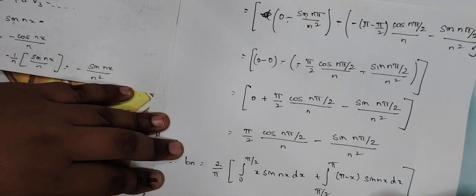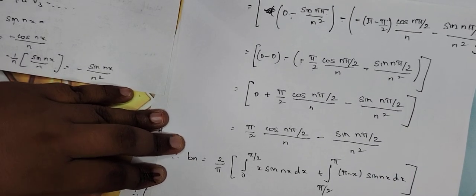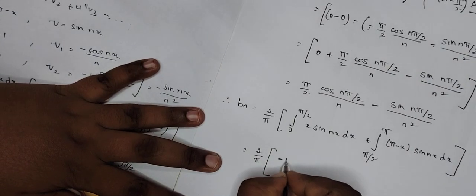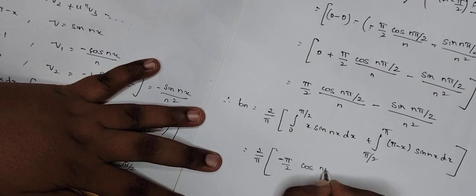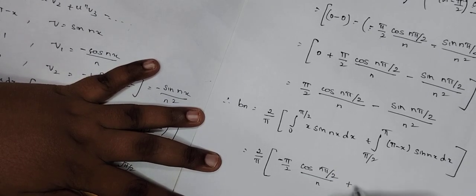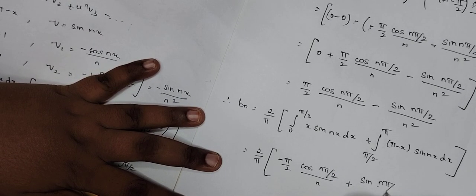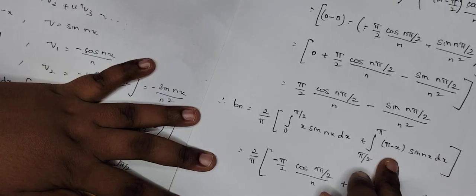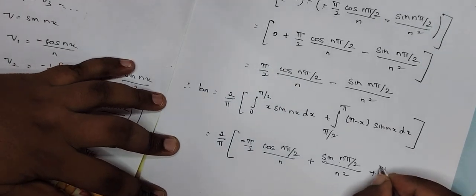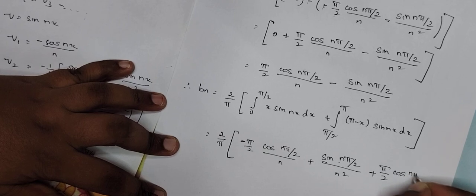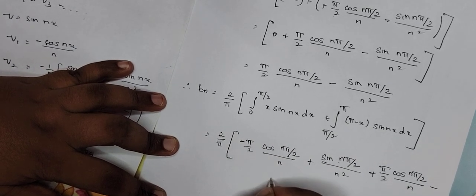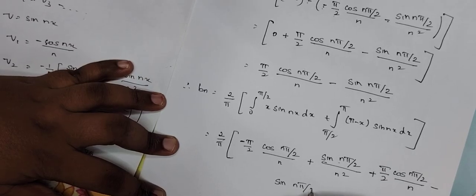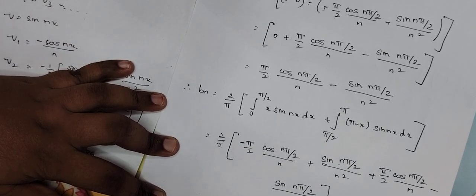So this is equal to 2 by pi times the value of the first integral, which is minus pi by 2 cos n pi by 2 divided by n plus sine n pi by 2 divided by n square, plus the value of the second integral, which is pi by 2 cos n pi by 2 divided by n minus sine n pi by 2 divided by n square.